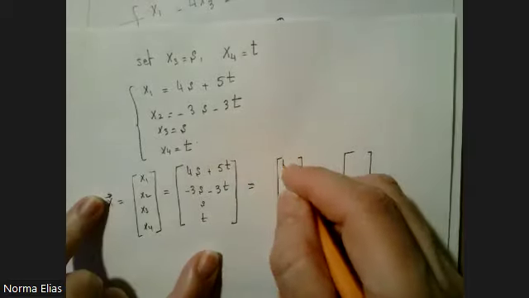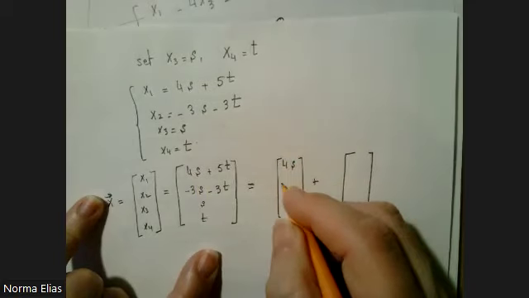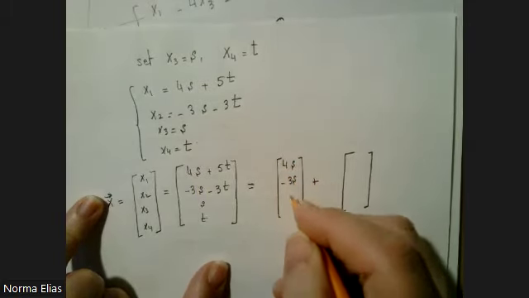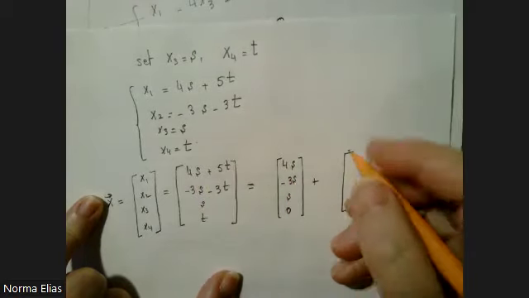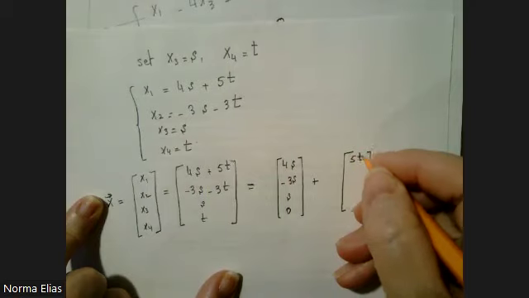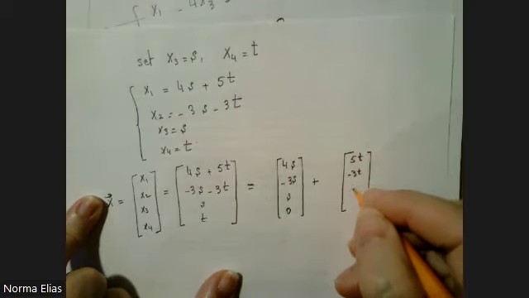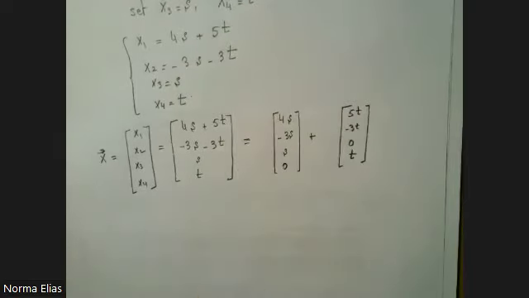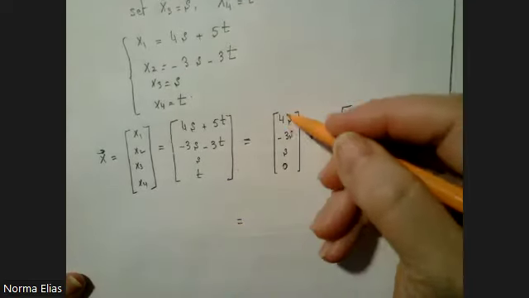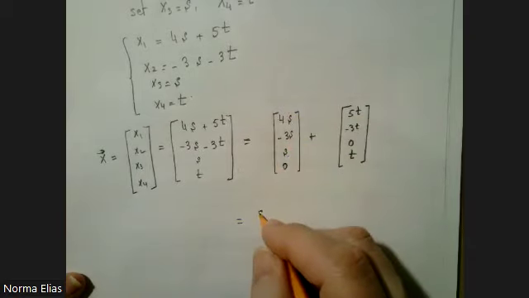Every coefficient of s, I will put it in one column, s and the 0, and everything in t in the other one. Okay. And then the last step would be, at this stage, I can factor out the s.